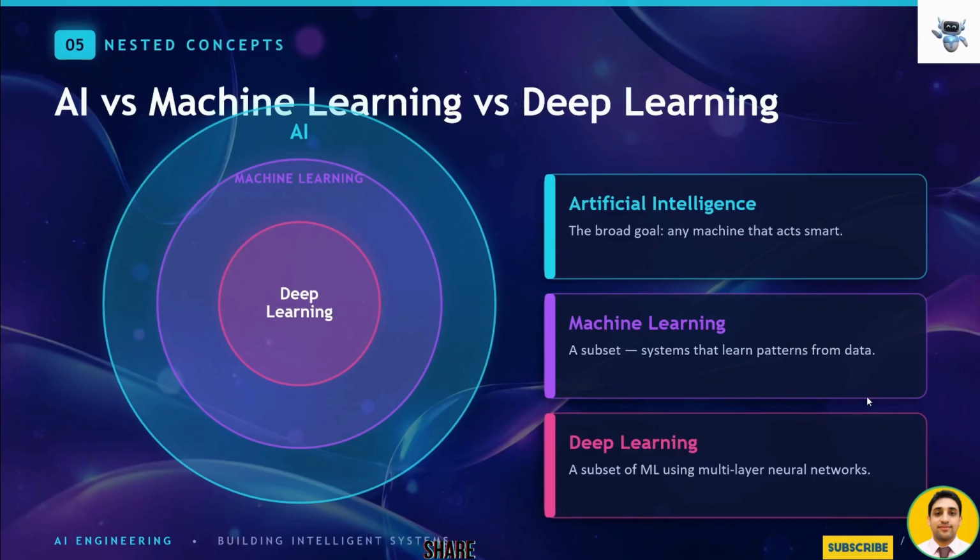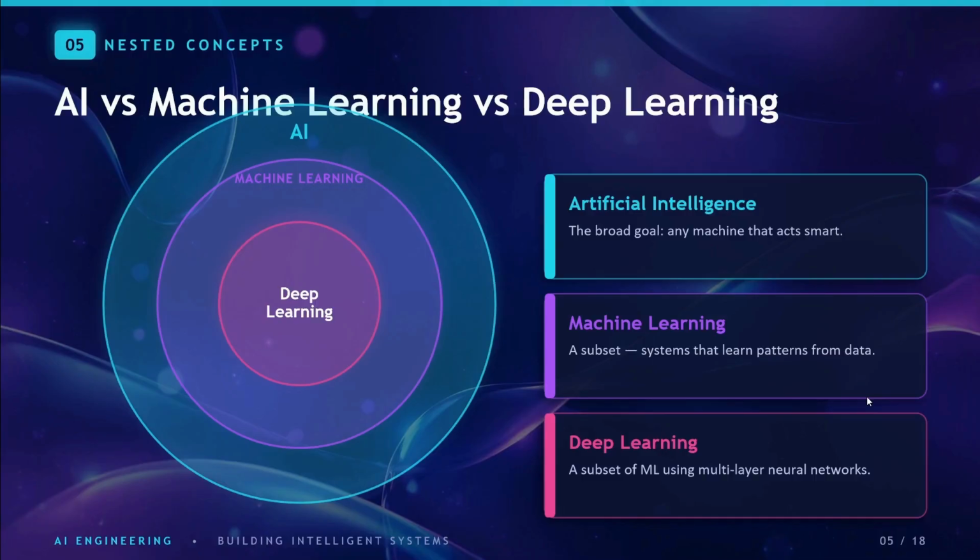And finally, inside machine learning, we have deep learning, which is a further subset that specifically uses multi-layer neural networks. Networks with many layers stacked on top of each other to learn extremely complex patterns from large amounts of data.